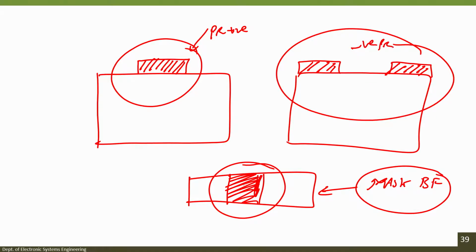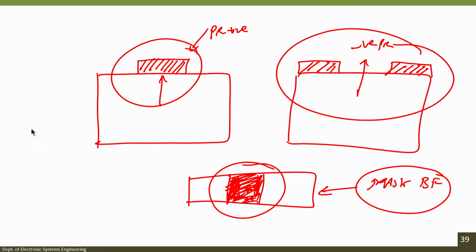Where the area was protected in the positive case, that area is etched in the negative case. That means with positive photoresist you can replicate the same pattern that you have on the mask onto the wafer. In negative photoresist, the opposite of the pattern on the mask will come. The area which was dark on the mask will get etched, and the area which was bright will be there.